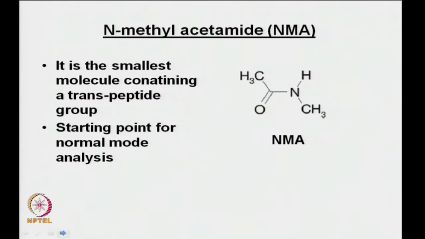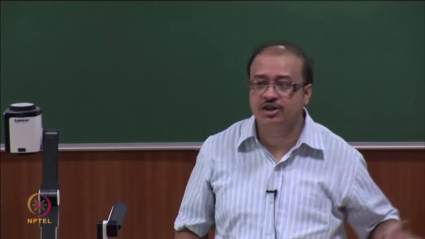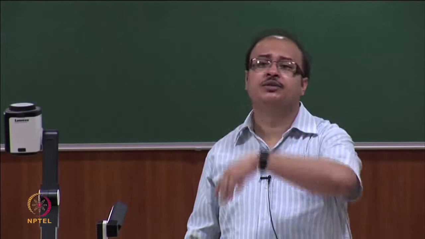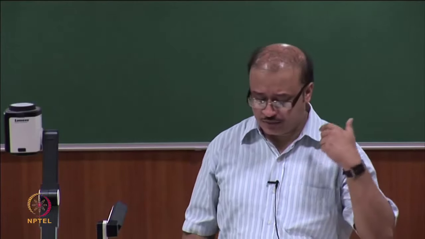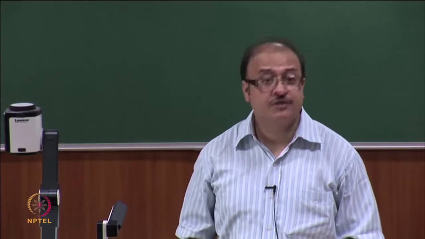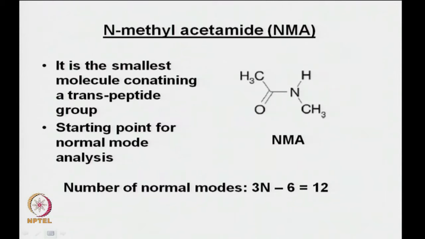Now, if you remember normal modes, like the translational modes, rotational modes, and then the other modes of vibration, people do normal mode analysis, right. You must have done it during your group theory course. Then for N-methyl acetamide, the number of normal modes is given by 3n minus 6, which is equal to 12.